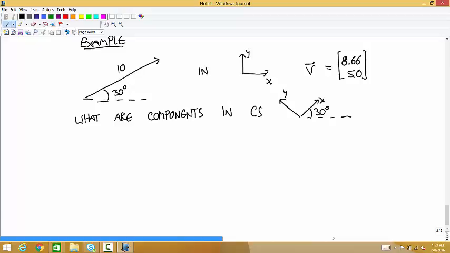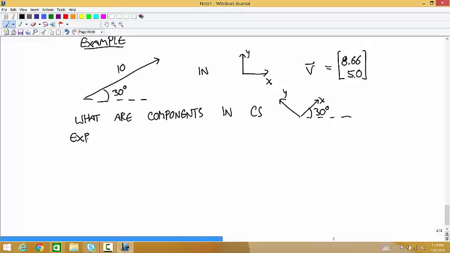Okay, so look at that for a second. I didn't draw it super clearly, but this angle is the same as that angle. So can you look at that and tell me what the components of that vector are going to be? We're not going to move the vector at all. All we're doing is re-expressing it in this new coordinate system. Now what we're going to have is a vector with a length of 10 that's pointing totally along the x-axis.